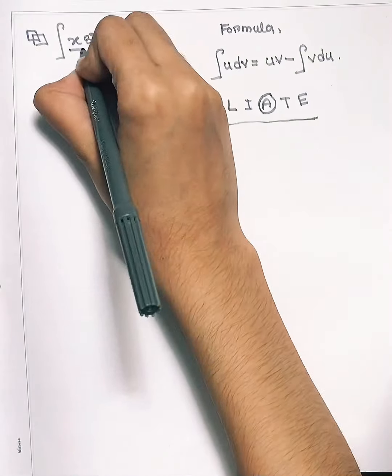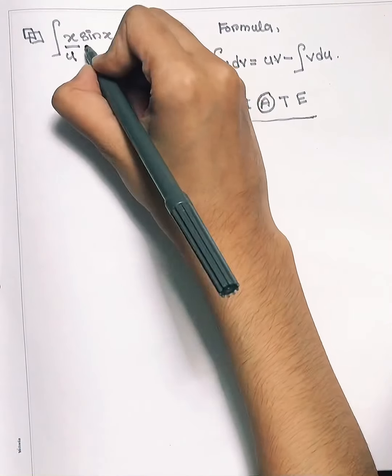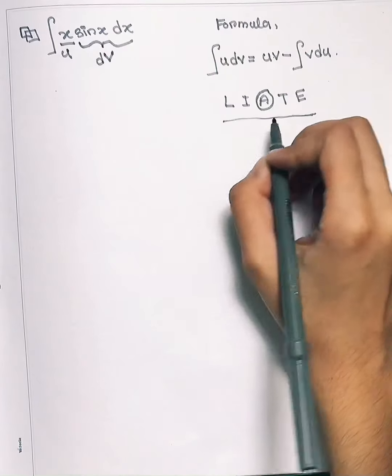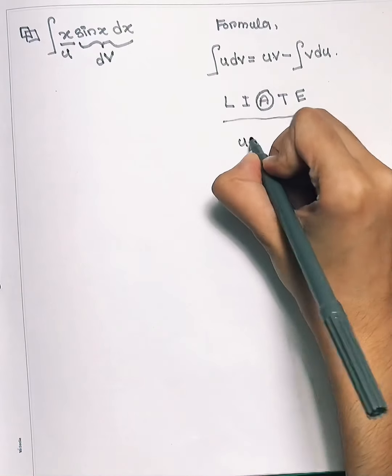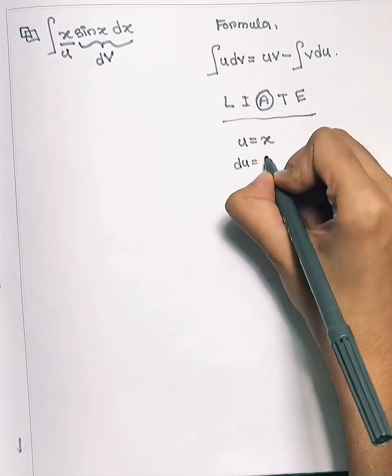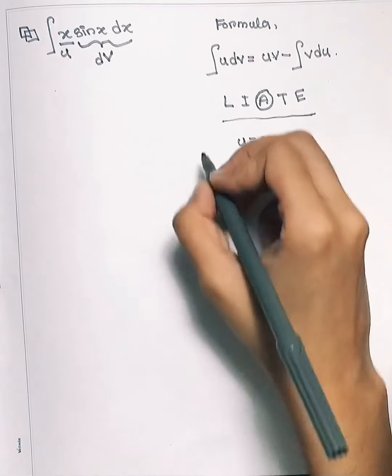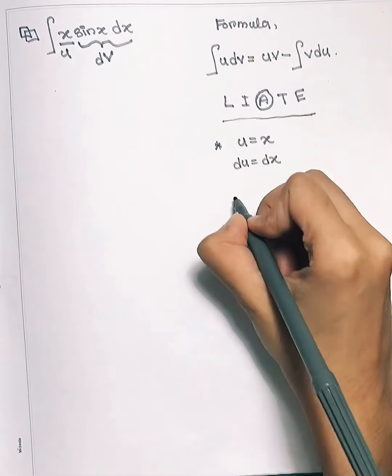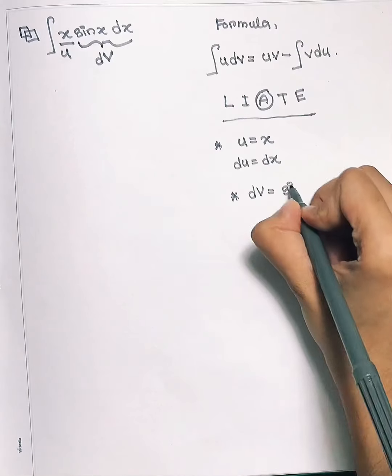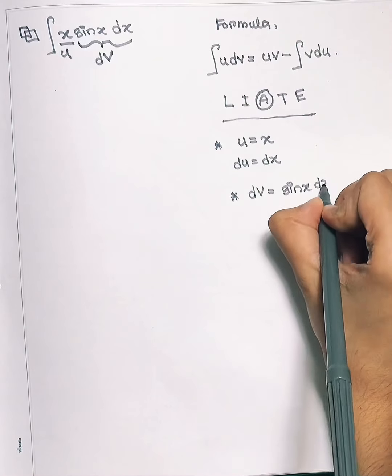So my u will be x, and sine x dx will be my dv. My u is x and my du is dx, and my dv is sine x dx.